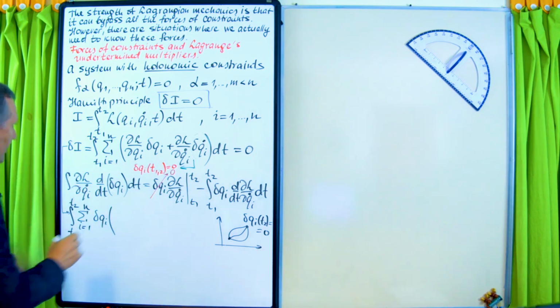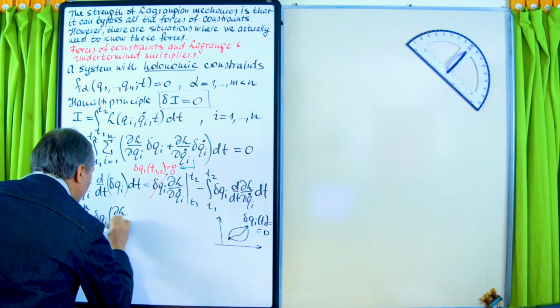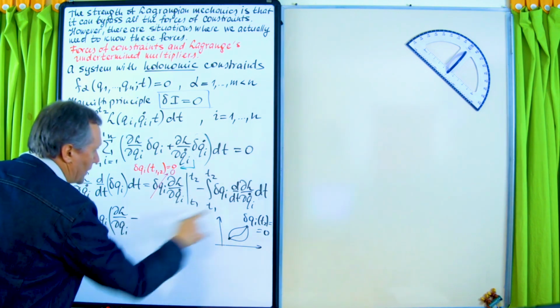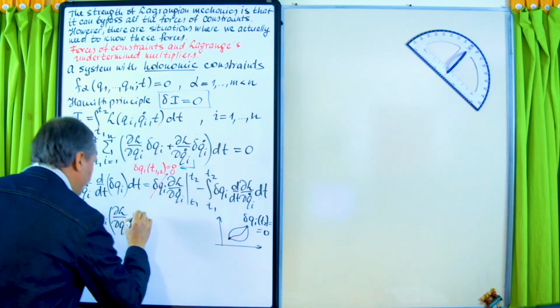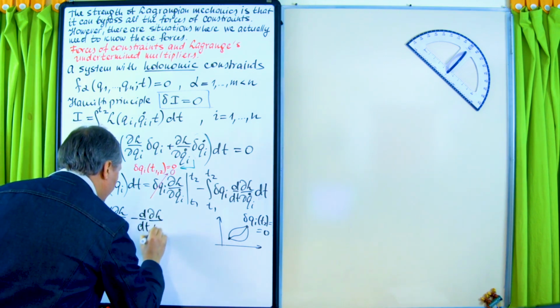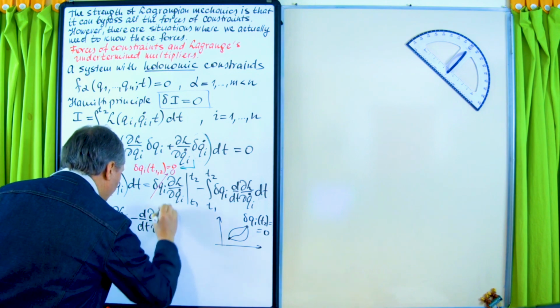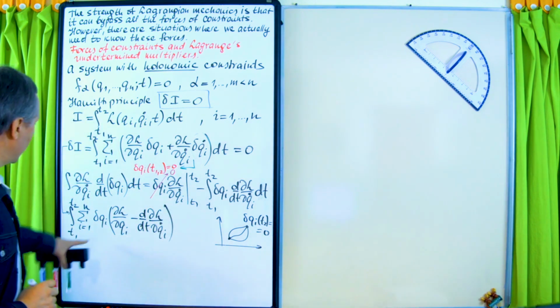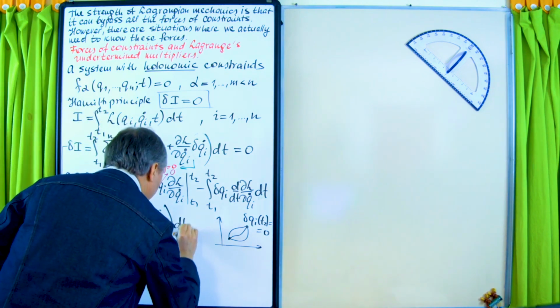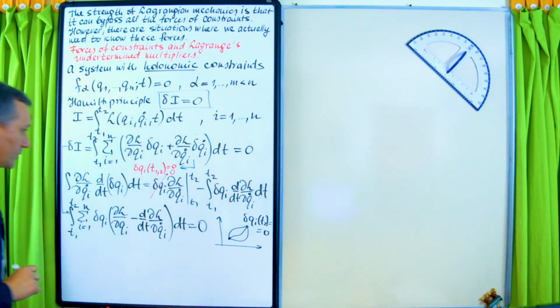Then this partial derivative with respect to qi, then minus this construction d over dt, and partial derivative with respect to qi dot. So that's, and it's still an integral in time. So dt equals 0.